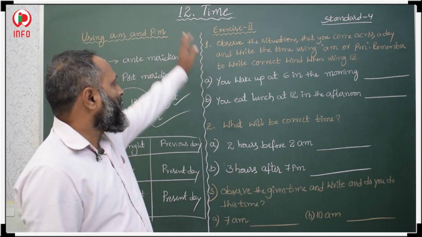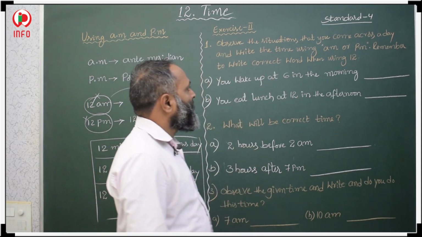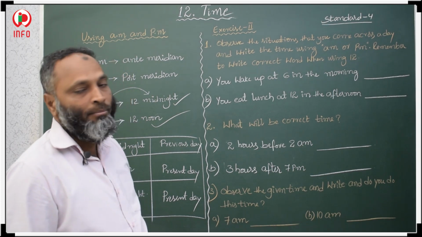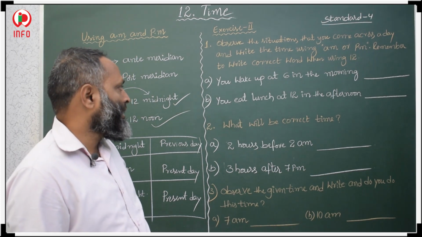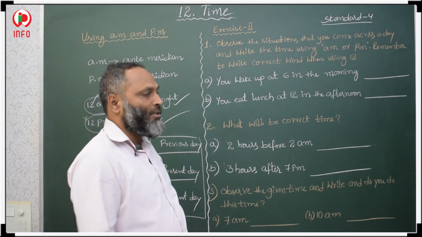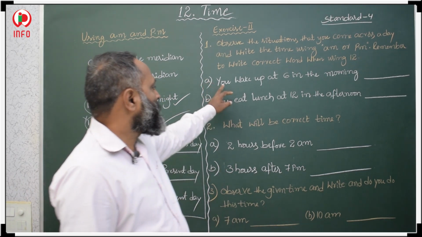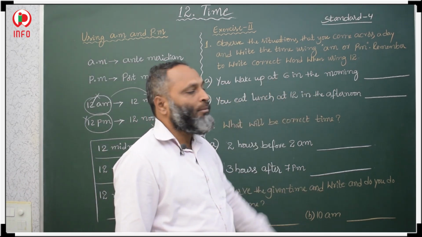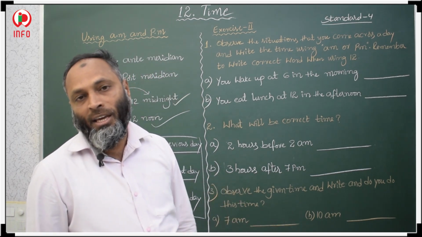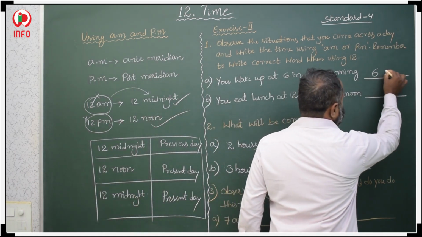Now the first question in the exercise: observe the situations that you come across in a day and write the time using AM and PM, and remember to write the correct word when using 12, meaning 12 o'clock time. You wake up at 6 in the morning. Morning time is always AM, so the wake up time is 6 AM.